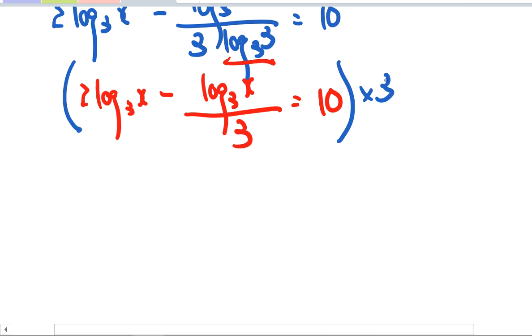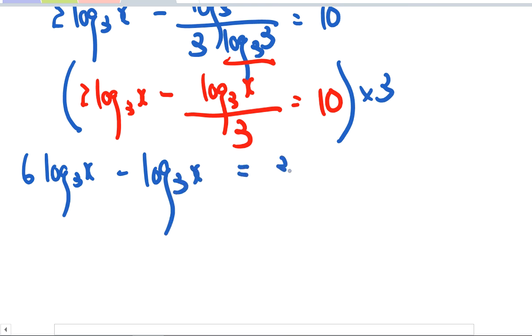So, Kifi, you realize your test last week, there was a common error. You forgot to multiply the right hand side. So, if I multiply by 3, this is what you get. Teacher, how to combine? Take note. There is a number 1 here. 6 of log x to base 3 minus 1 of log x to base 3.